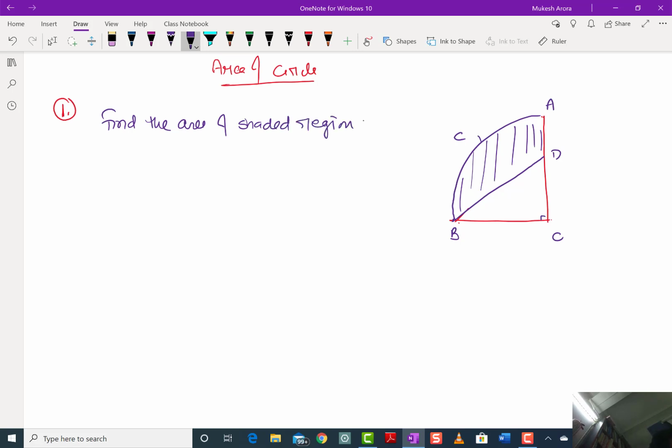In the shaded region we have to see the radius is 3.5 and OD is 2. The shaded region is the area of the quadrant minus the area of the triangle. Area of quadrant is pi r square.